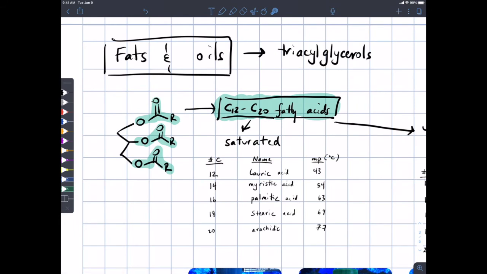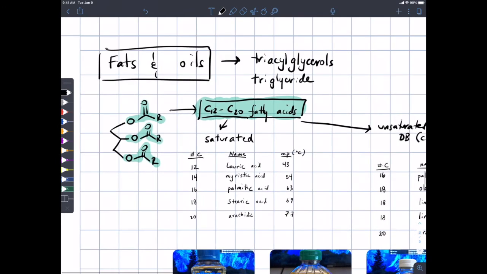Shown here is a triacylglycerol, or sometimes called a triglyceride. The triglyceride has two components. It has a 3-carbon alcohol called glycerol, and then 3 what are called fatty acids.